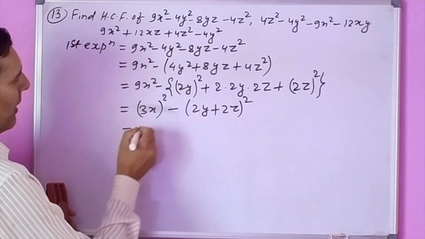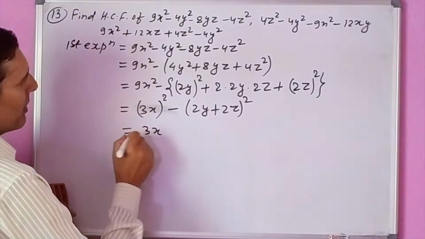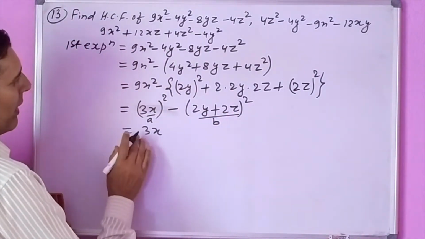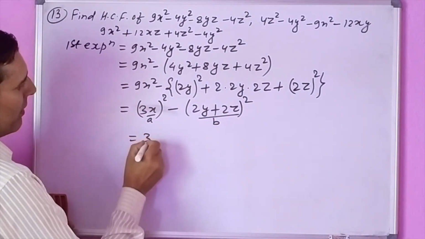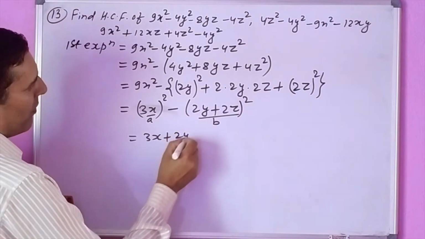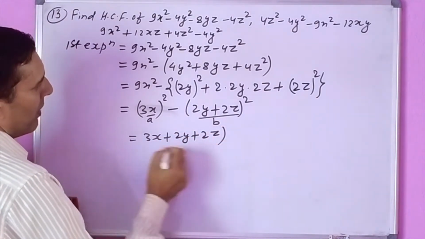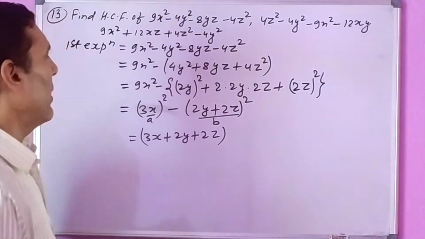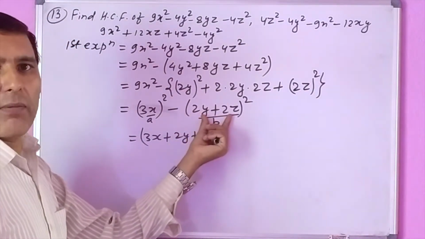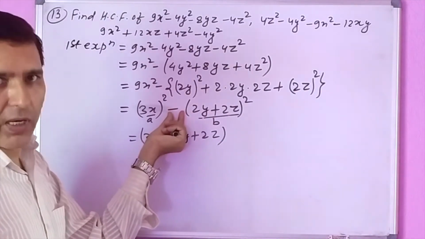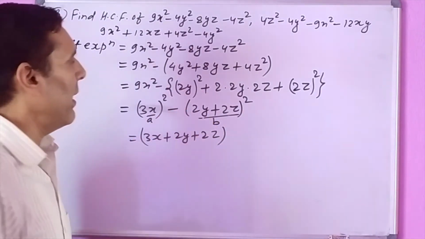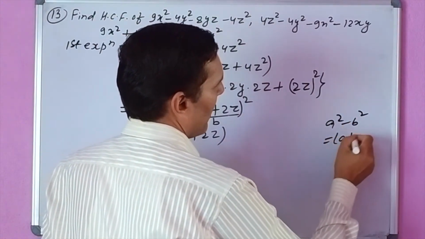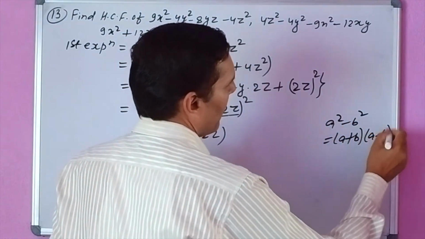Finally, we can use the formula a plus b times a minus b. So first write a plus b. A is 3x, suppose this much is a and this much is b. So a plus b is 3x plus 2y plus 2z. While writing a plus b, we open this bracket supposing the sign is plus, because we are writing a plus b from a square minus b square. We are using this formula a plus b times a minus b.